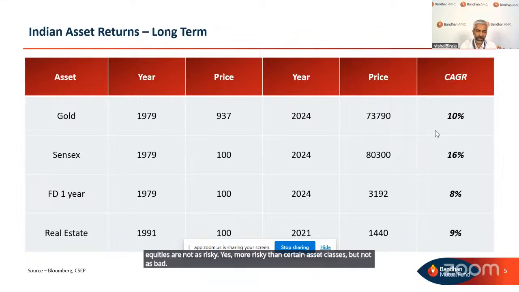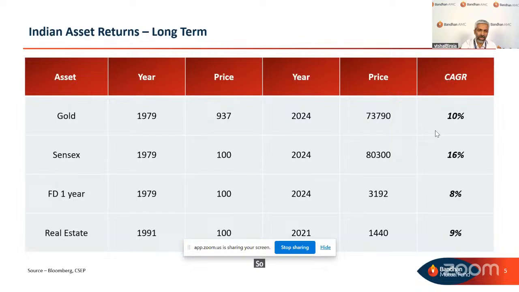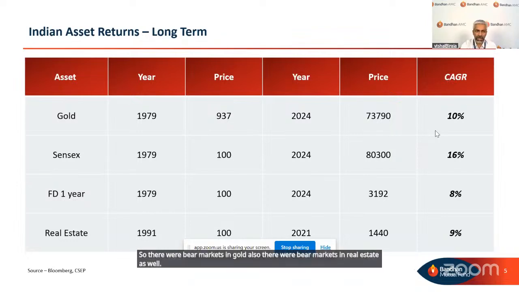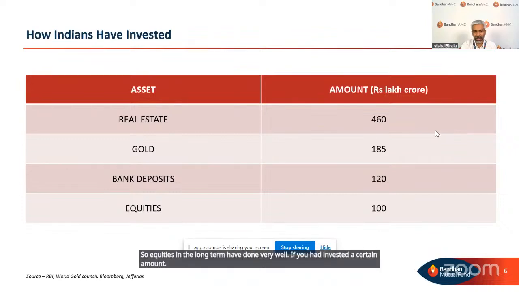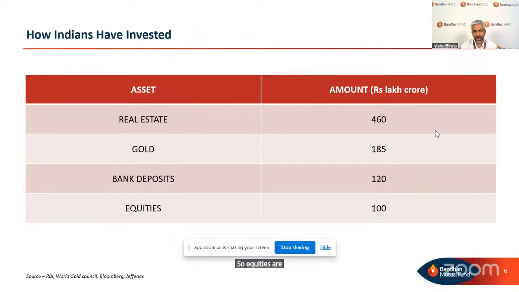There were bear markets in gold also. There were bear markets in real estate as well, right? So equities in the long term have done very well. If you had invested a certain amount, then you would have made substantially more in equities. So equities are still underinvested at only 10% of the amount that overall Indians have invested.